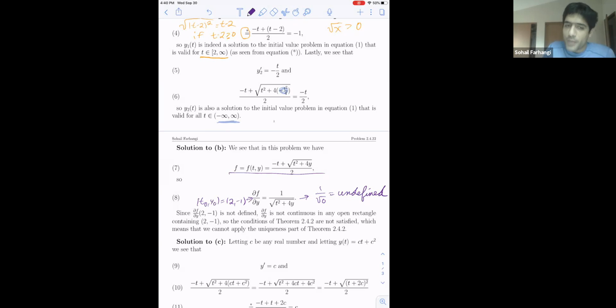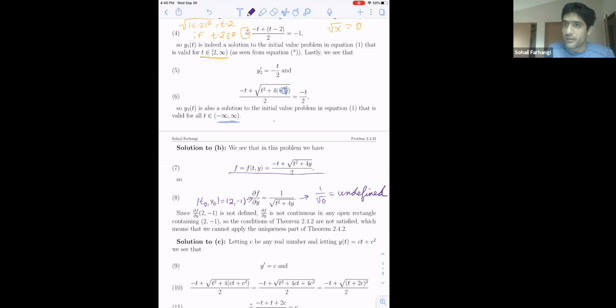So if the y partial derivative is not defined at 2 comma negative 1, then it is not continuous at that point. So it will not be continuous at any rectangle containing that point. So this function does not satisfy the hypothesis of theorem 2.4.2.